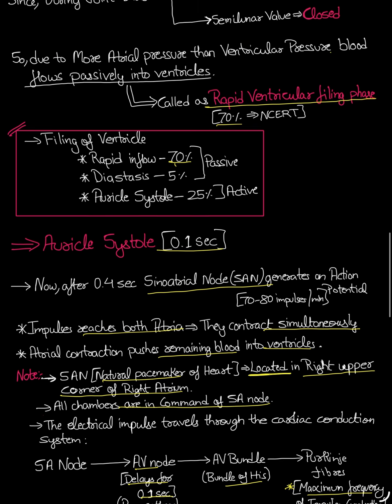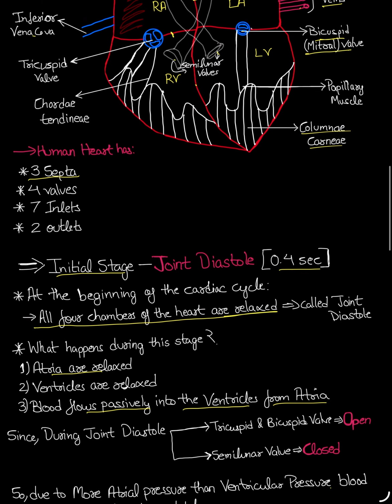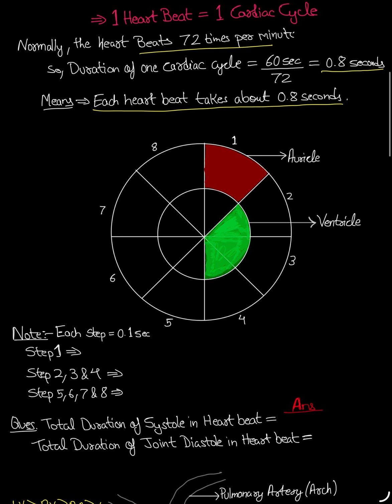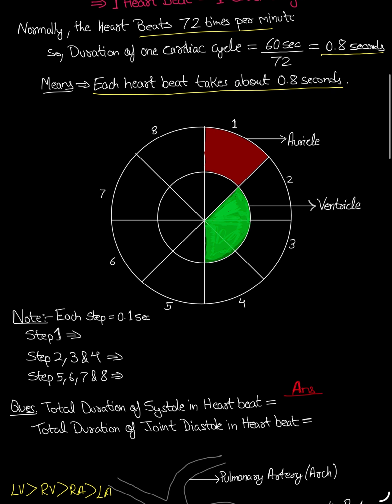Now there is an activity for you. This is the diagram. The outer circle is the auricle representation and the inner circle is the ventricle representation. This whole circle is 0.8 second, divided into 8 quarters.